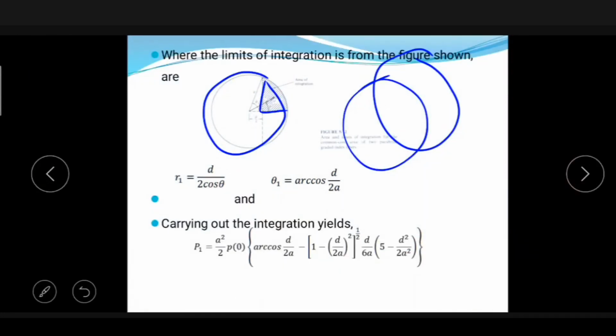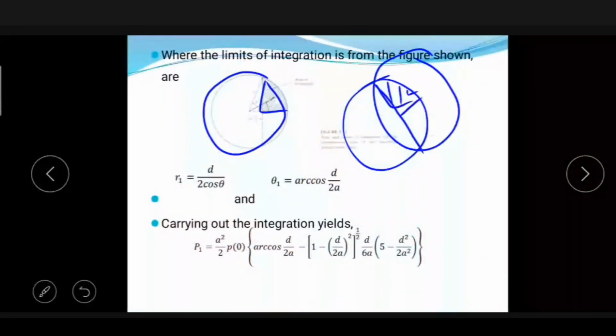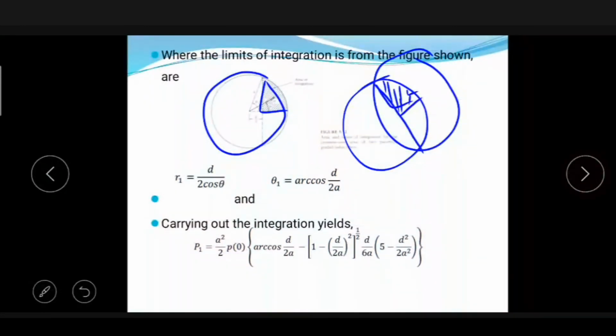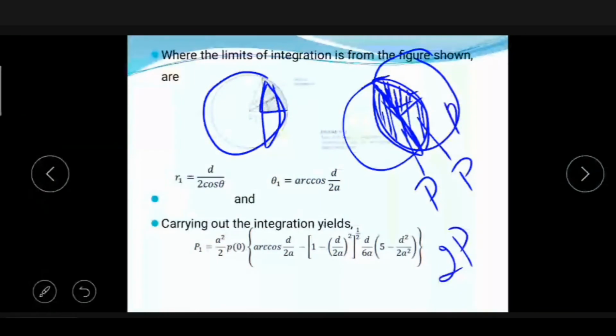I will take half of this, because I have to find the power coupled at this particular region. I will find it only for half. If I know the power in this region, I can find it in the other region, because these two areas are the same. So if I get power here as P, the other region's power is also P, which is P plus P, or 2P. The same concept I am considering here.